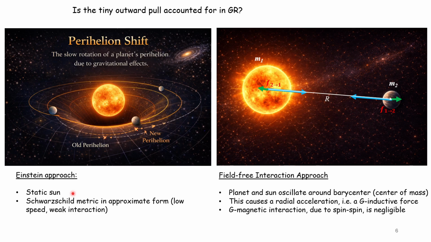He derives the metric for a static spherically symmetric object. He derives it himself. It turns out to be the Schwarzschild metric in approximate form, so low speed, weak interaction. So that is the approximation scheme Einstein uses. It's the same approximation that we use, and it's a valid approximation, of course.